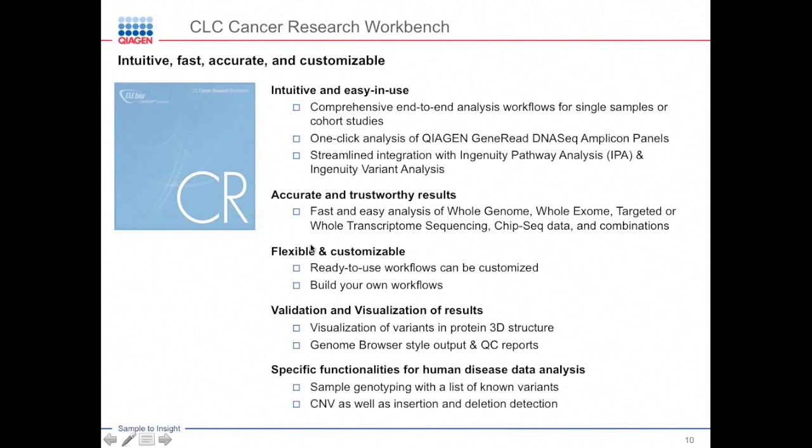Again, you can do a whole variety of kinds of omics analysis, and you can make workflows that are repeatable, like a pipeline. You can even look at 3D protein structure and see how variants fall on the three-dimensional structure of a protein, which is really cool. It's got a genome browser, and it does a lot of things. It's very nice.